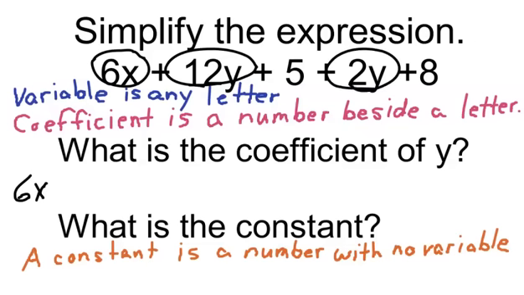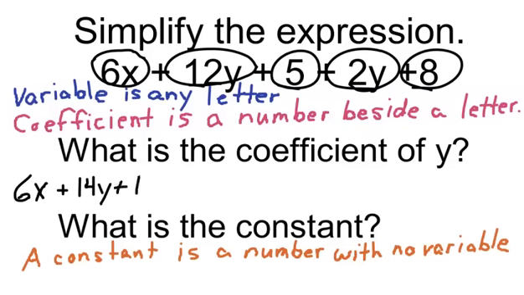Those are like terms, so we can combine them. 12 plus 2 is 14, so we're going to add 14y. And then we have a 5 and we have an 8. Those are constants, or just numbers without variables. So we have 5 plus 8, and we all know that 5 plus 8 is 13. So we're just going to add 13. All right, so basically we did simplify the expression, which is that.